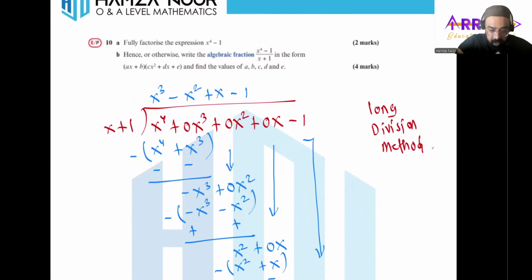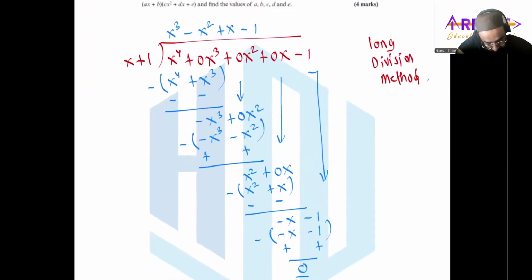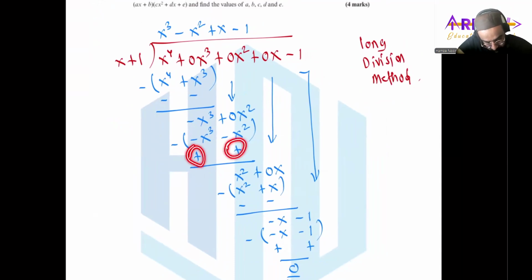As we can see that elimination is not happening, you will multiply this expression with a minus sign so that the sign of each and every term gets changed. So this becomes plus and this also becomes plus. So the cubic term gets cancelled out, and 0x square plus x square will give you positive x square.